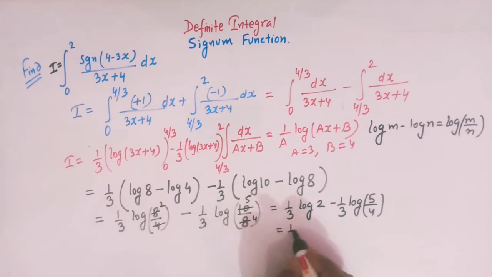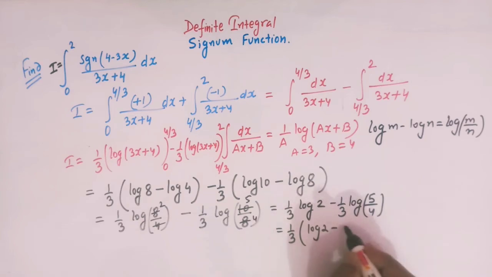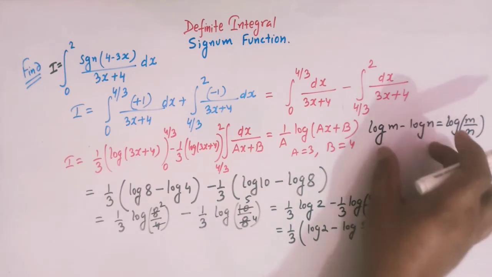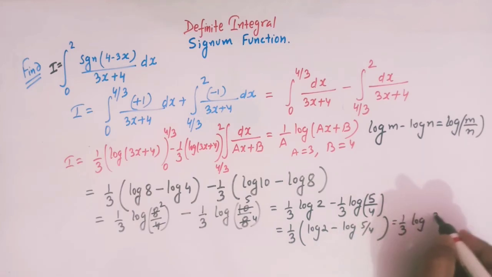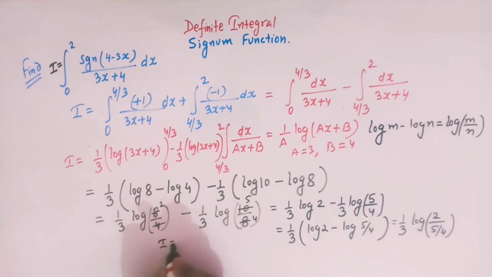And now we can take 1 over 3 common. We have log of 2 minus log of 5 over 4, and again we'll make use of this result to simplify this one. So we have 1 over 3 log of 2 divided by 5 by 4, and now we can write I as 1 over 3 log of 8 over 5, right?